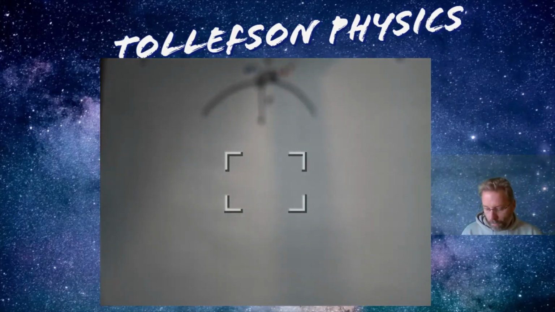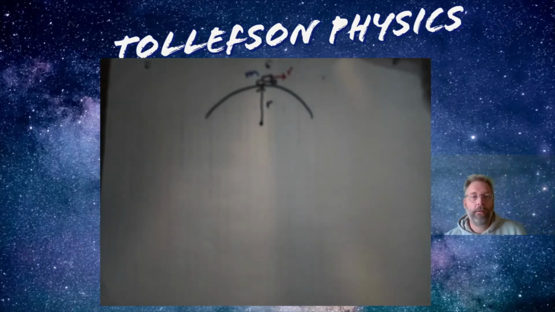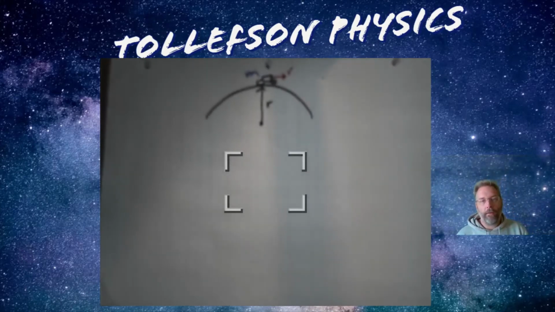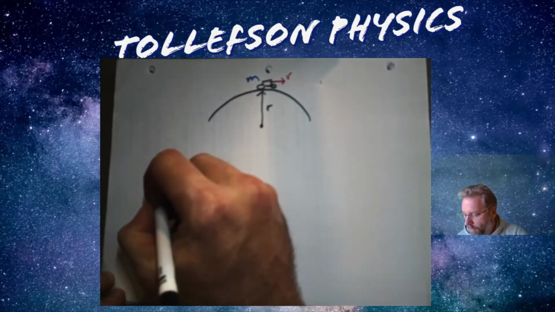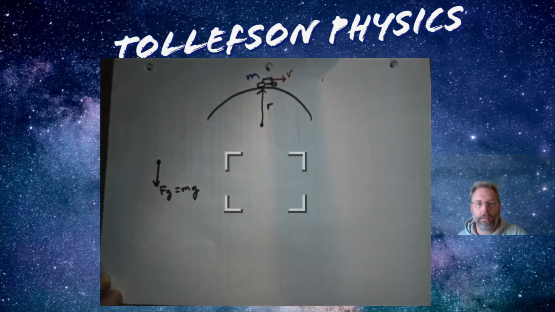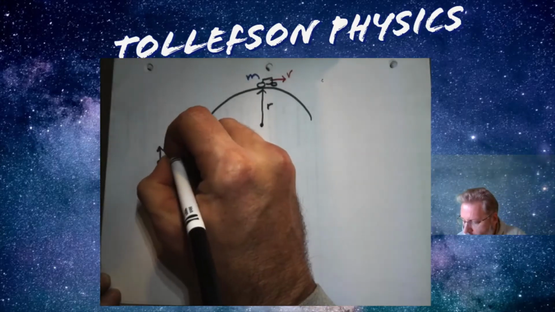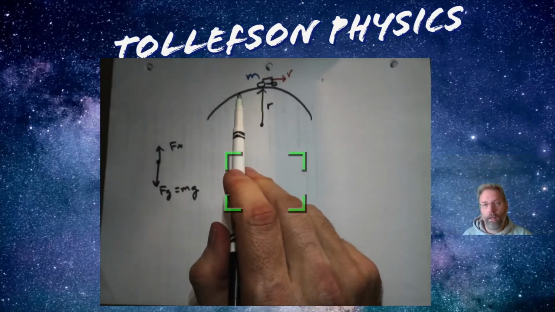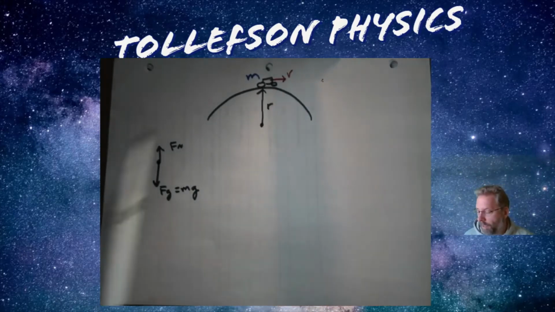Let's think about the force diagram for this object. We have a force due to gravity pointing down, which is mass times the acceleration of Earth's gravity, and then a normal force. I'm going to draw the normal force smaller because we're on a hill. Now, let's think about what it means to leave the hill.